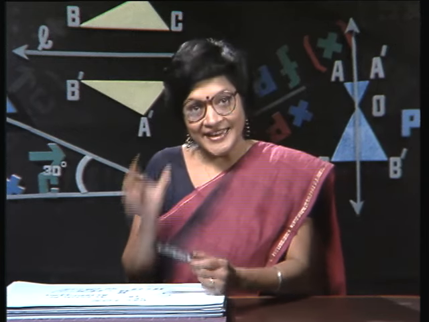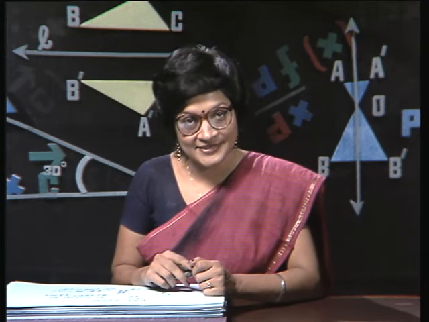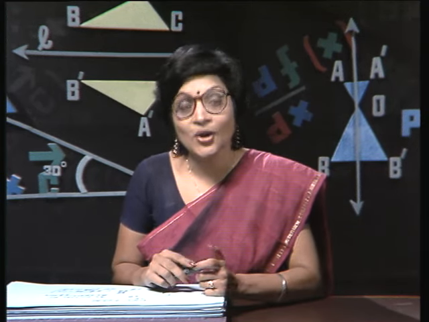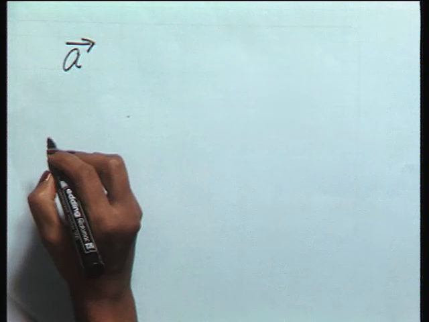And so, any vector can be represented by infinitely many directed line segments, all of which are parallel to each other in the same sense and all of which are of the same length.